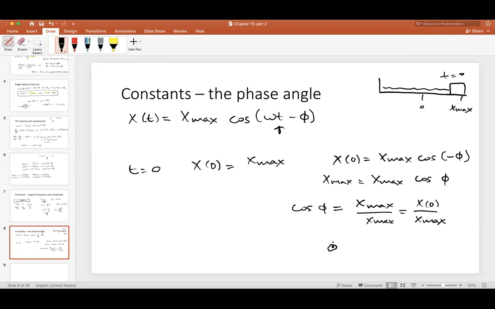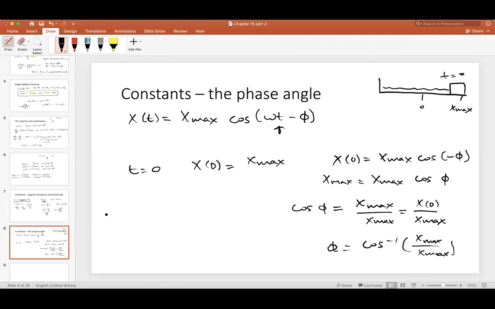We could do arc cosine of x max over x max, but we know this is 1, and the value of phi when cosine of phi is 1 is 0.